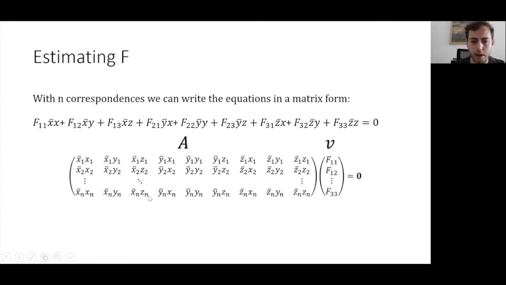So we have n rows for A, and V contains the unknown entries of F. So it's of size 9. And so again, A is a matrix of known numbers, and V is an unknown vector. Can someone think of a way to solve this problem now? Null space?